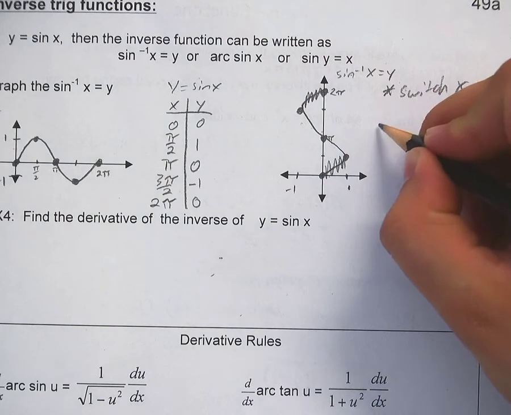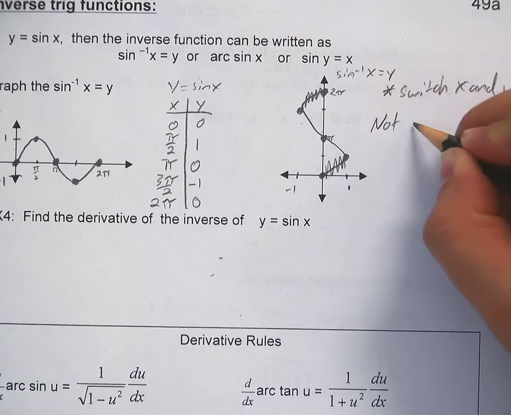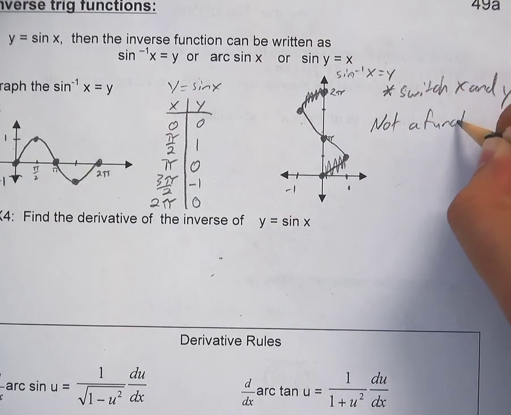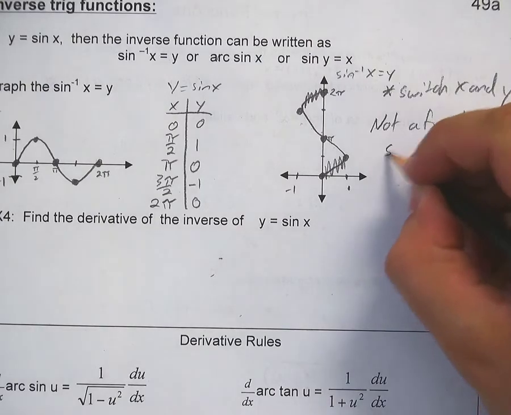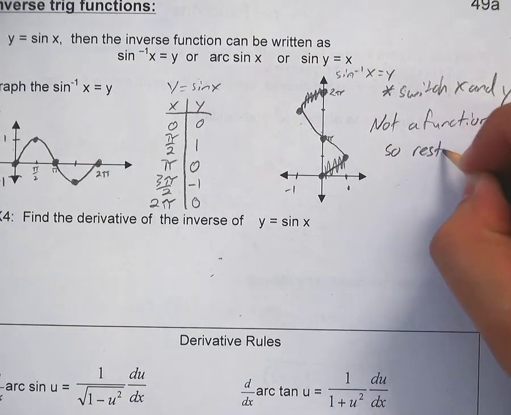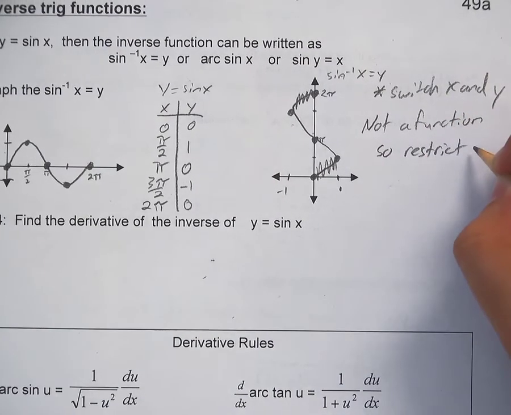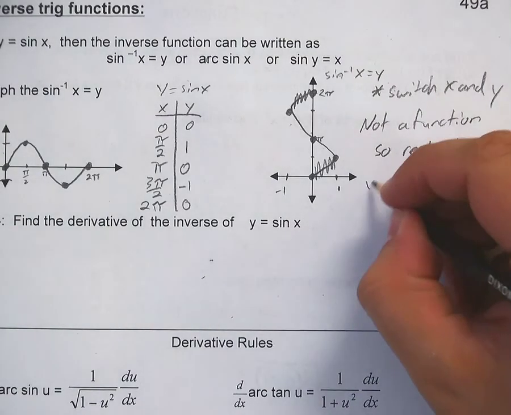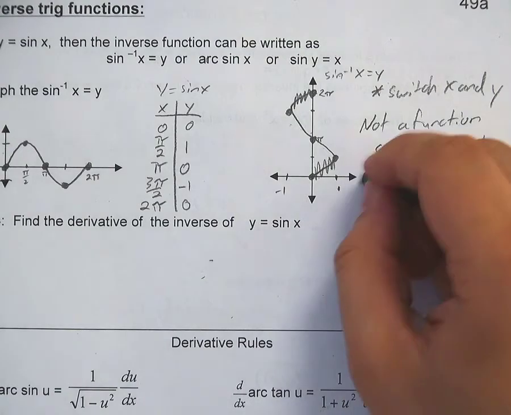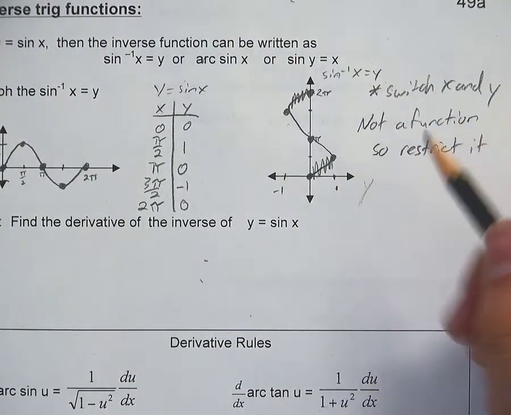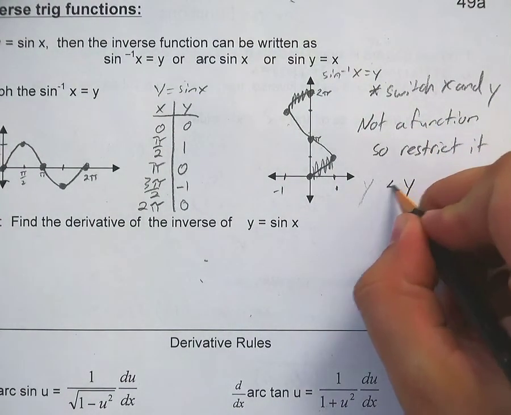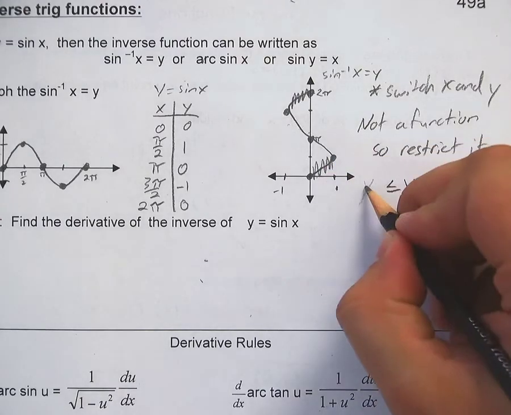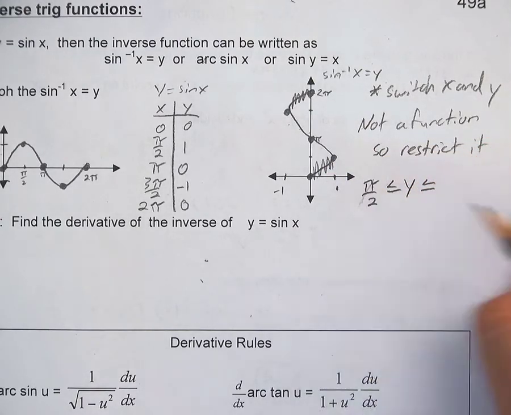Okay, so I want you to write this down here. Not a function, so restrict it. Restrict it. And I'm going to say that my y value, let me do this in the middle here, has got to be somewhere in between, let's say pi over 2 and 3 pi over 2.